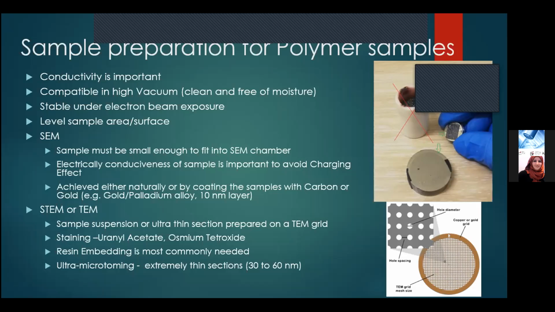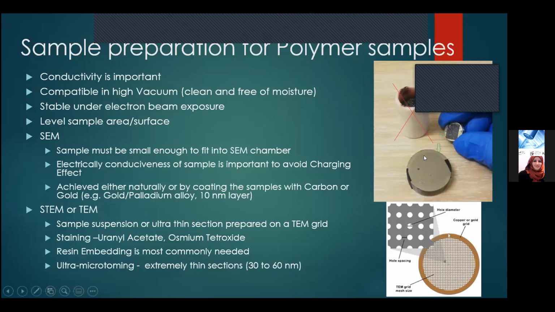So this is usually achieved either naturally, with a sample that is already conductive, or by coating the sample with carbon or gold. For example, we have a gold palladium alloy target that we use to coat the sample with a 10 nanometer layer. That really won't affect your sample surface, and it won't affect any detail that you want to see on your sample.